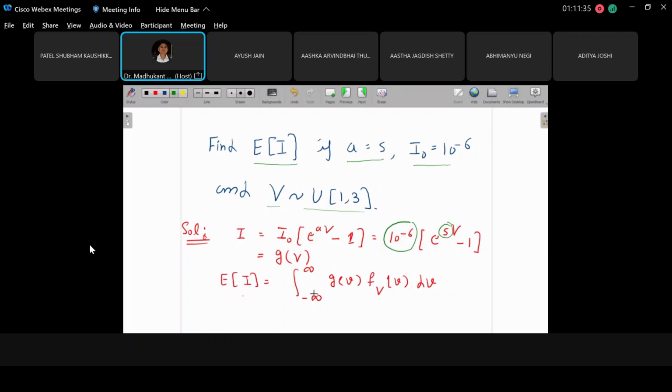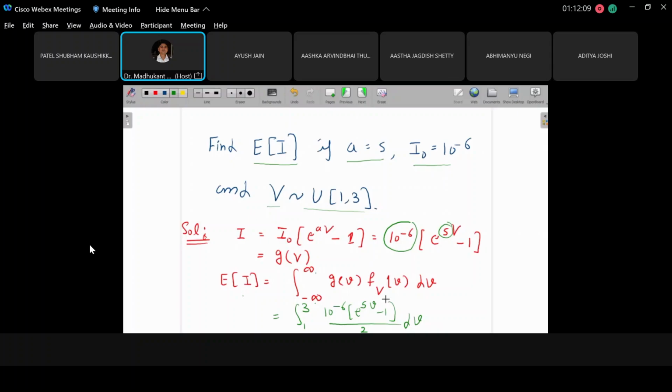So the expectation of I is equal to the integration from minus infinity to infinity of g of V times fV of V. Now fV of V is what? 1 upon 3 minus 1, and it is non-zero only between the interval 1 to 3. So the final expression is the integration from 1 to 3 of 10 to the power minus 6 times (e to the power 5v minus 1), divided by 3 minus 1, that is 2, dv.